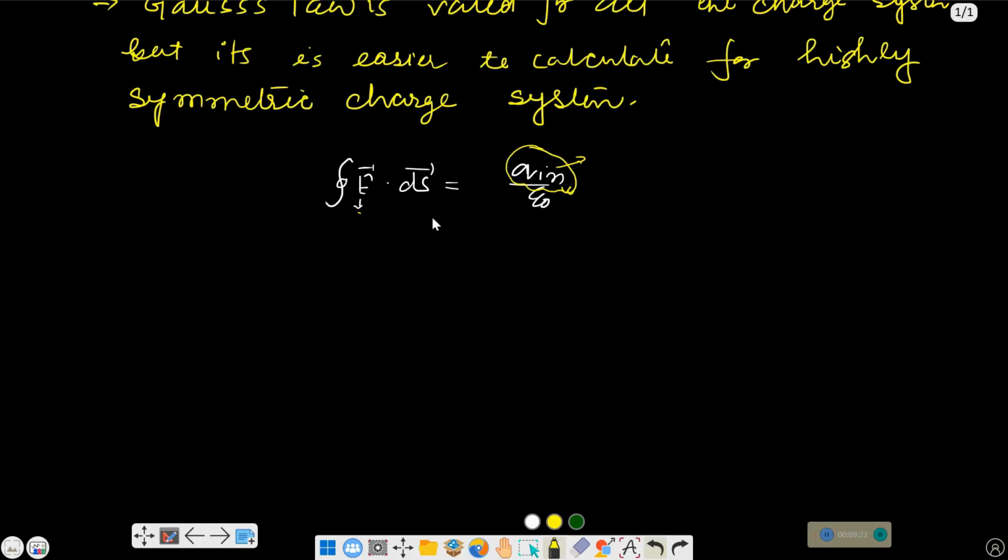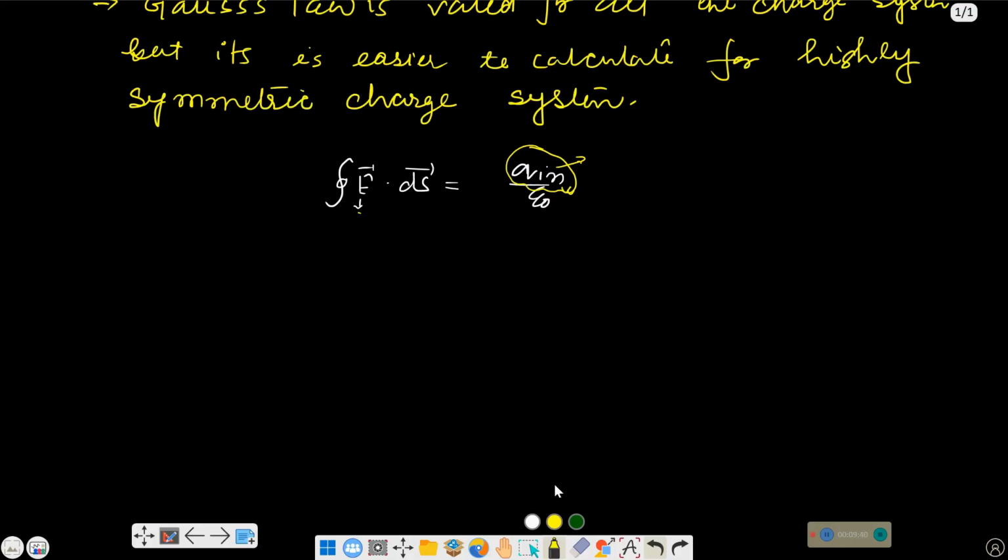Now using this Gauss law, we can calculate the electric field because of a highly symmetric charge system. For this we have three important applications that we will be dealing with.